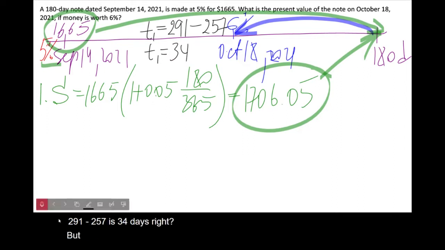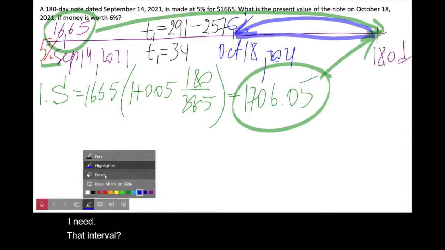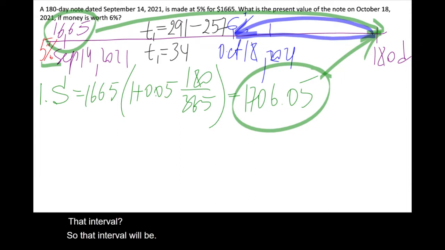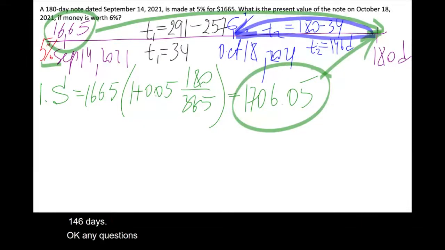But I need that interval, so that will be T2: 180 minus 34. So T2 is 146 days. Any questions regarding the time calculation here?